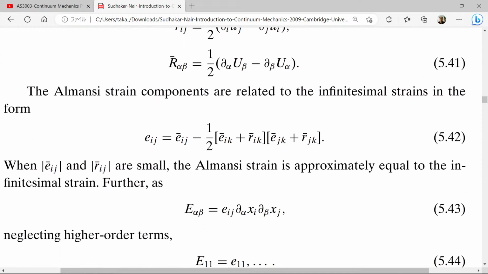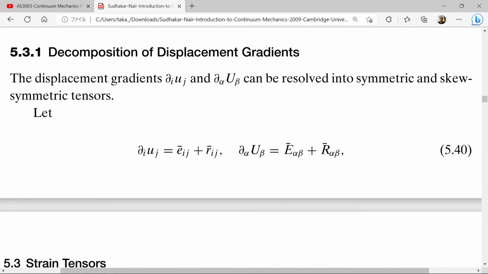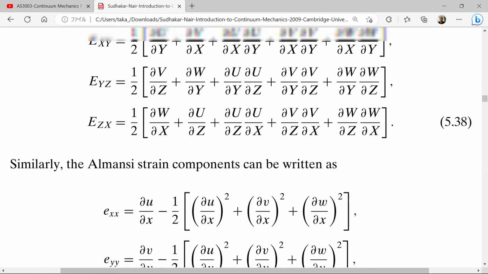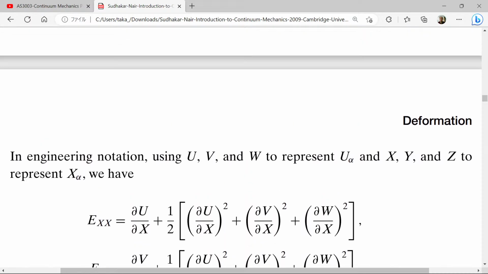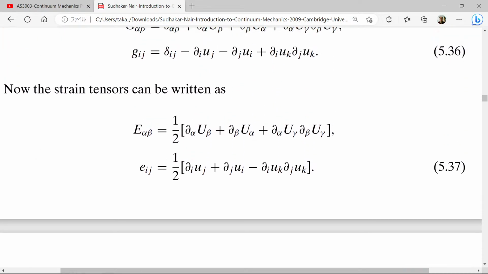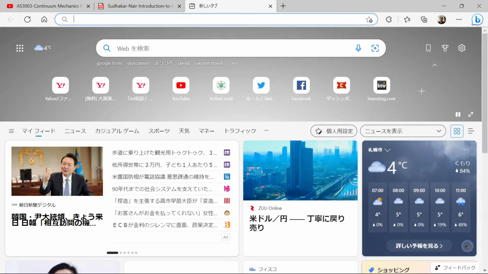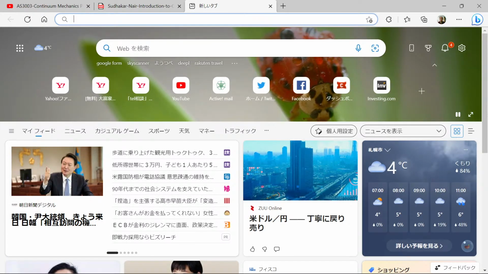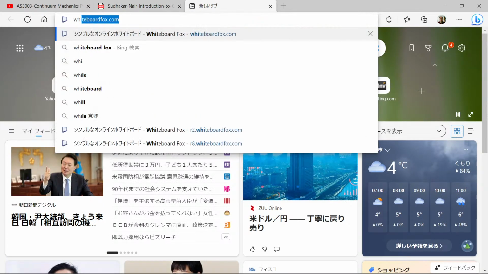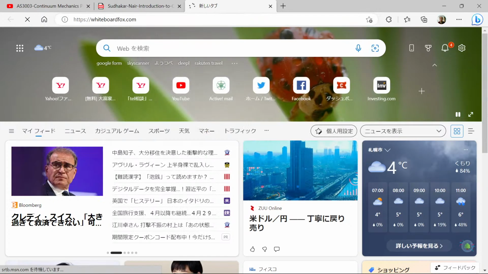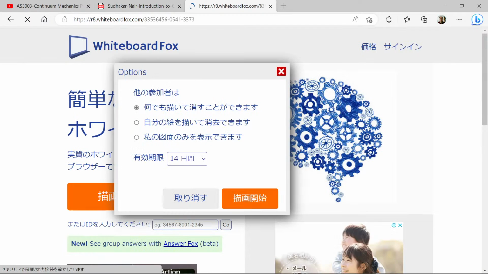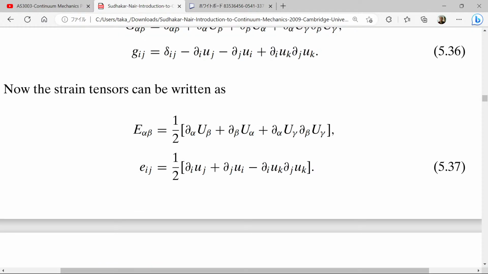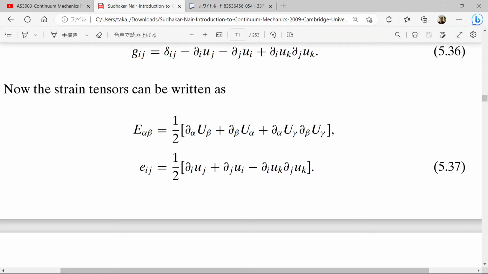So we go back. E11 is this one. E11 is like EXX, but I think we can go back here. Let's see. This one, right? Let me do this.